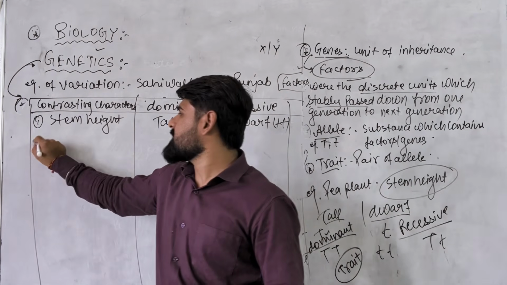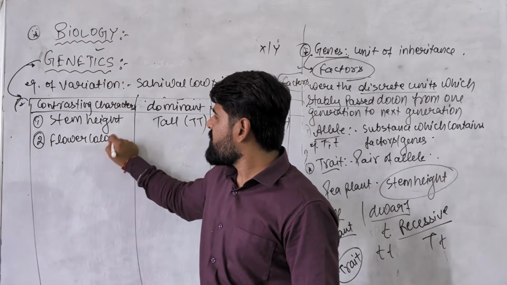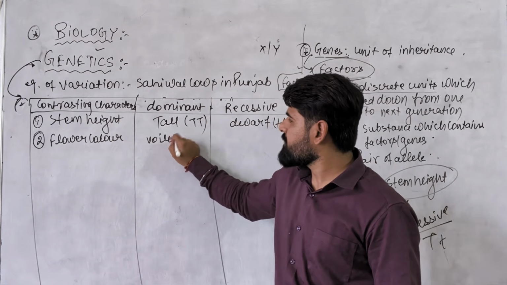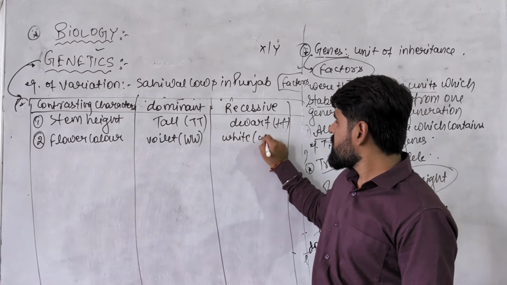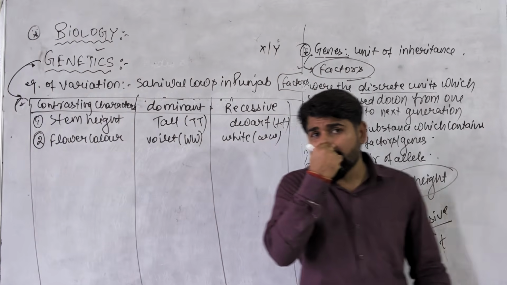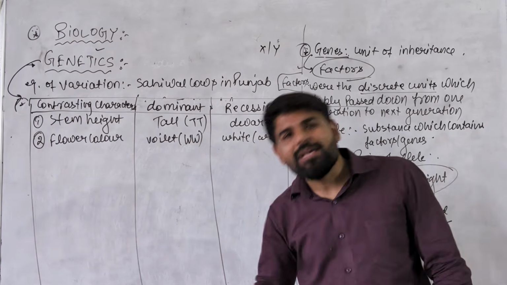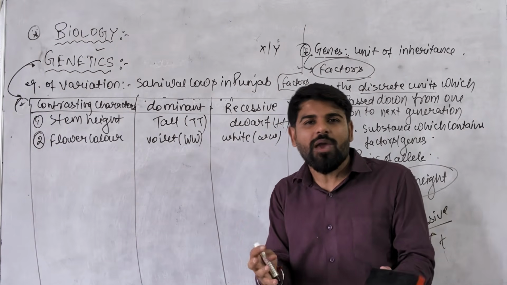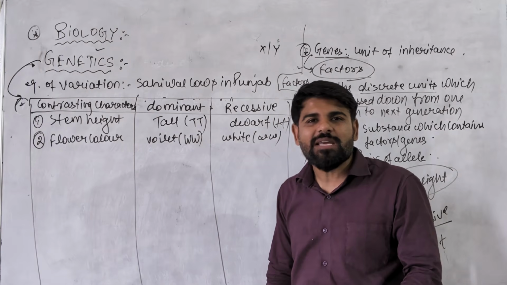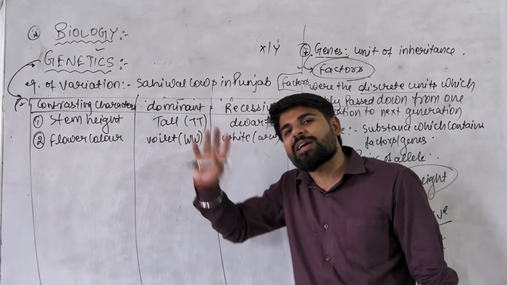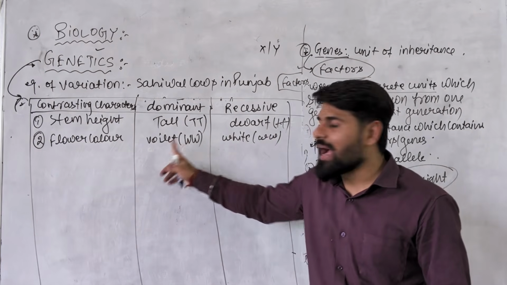Okay. The next contrasting character I am taking is flower color. Flower color, violet, W and white. अब एक चीज ध्यान रखने वाली है कि हम अपनी मर्जी से कुछ नहीं ले सकते हैं. ये सब कंट्रास्टिंग कैरेक्टर्स मेंडल ने चूज किया था, तो हम मेंडल के बारे में पढ़ रहे हैं. ओके, सो कंट्रास्टिंग कैरेक्टर्स आपको यही लेने हैं सभी जो मेंडल ने लिए, क्योंकि मेंडल ने स्टडी किया था पी प्लांट के बारे में. हमने नहीं स्टडी किया, हम तो उसके एक्सपेरिमेंटेशन कर रहे हैं. ओके, सो सेकंड कैरेक्टर फ्लावर कलर violet and white.